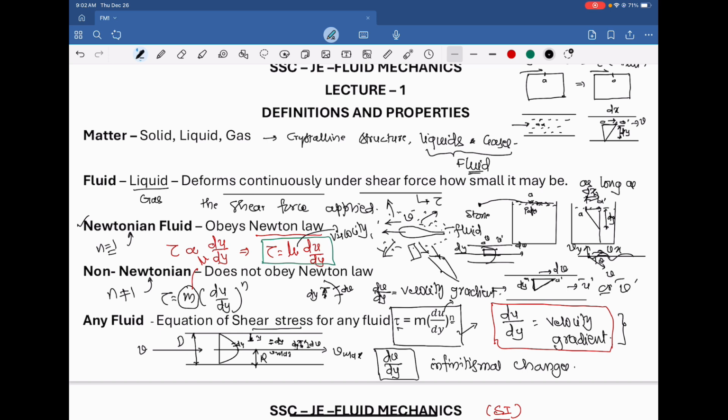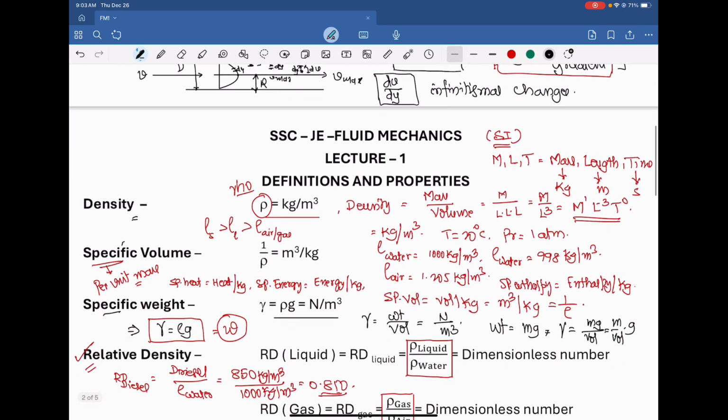Then we understood what is a Newtonian fluid and what is a non-Newtonian fluid. And then an equation is understood for any fluid, the relation between the velocity gradient and shear stress. And we understood that when n is equal to 1, this is a Newtonian fluid, m is equal to mu, dynamic viscosity, that's the Newtonian equation.